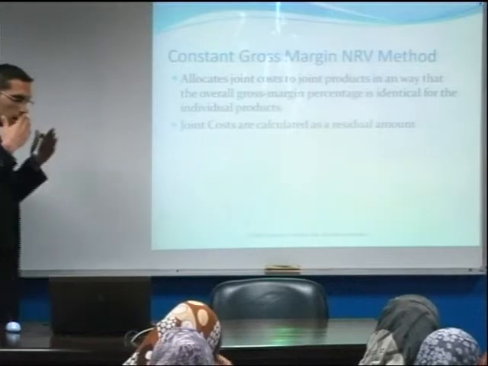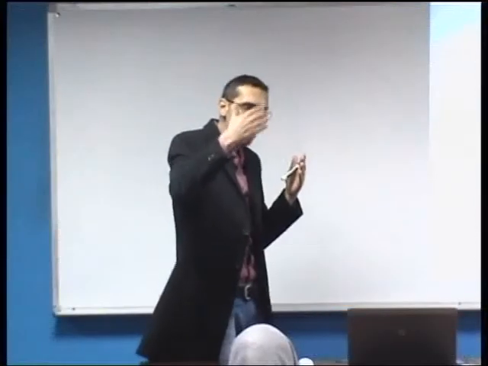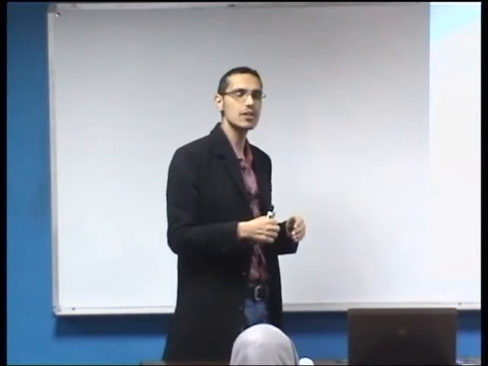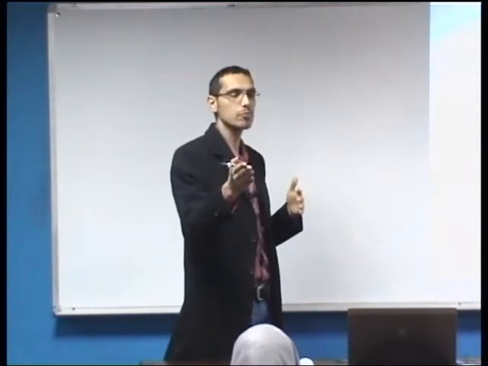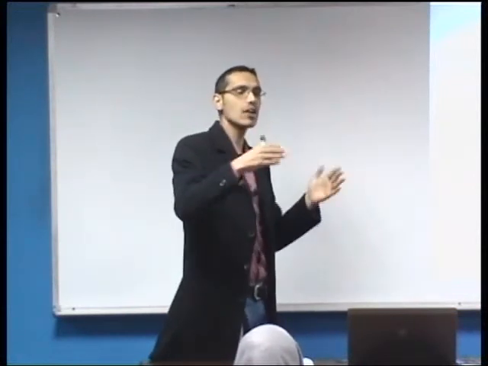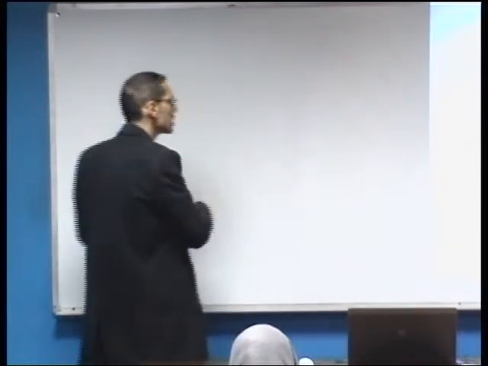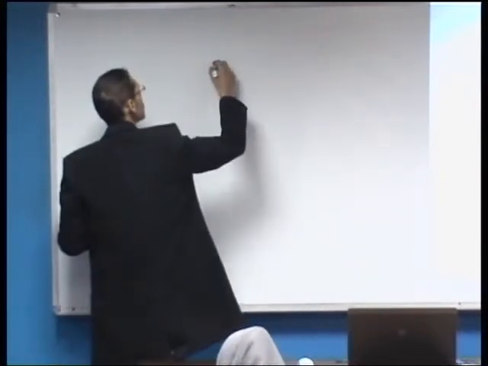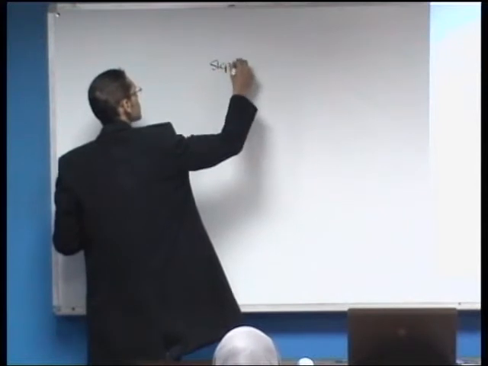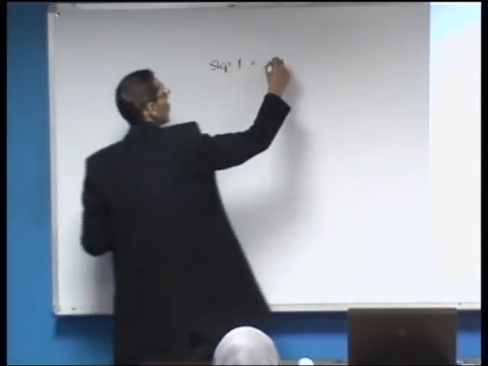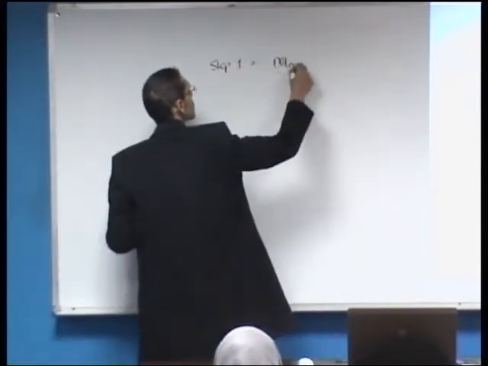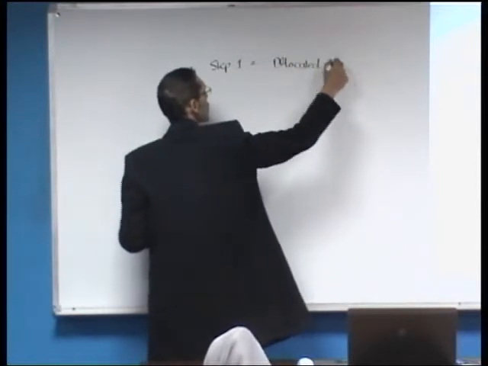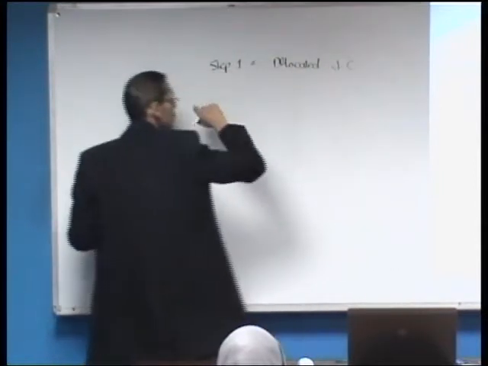Of course, the flow of the sales value method at the split off point, and the NRV method, considered the following steps. First of all, in step number 1, we allocated the joint costs, correct?